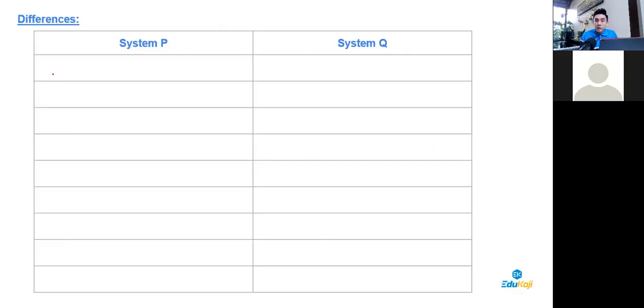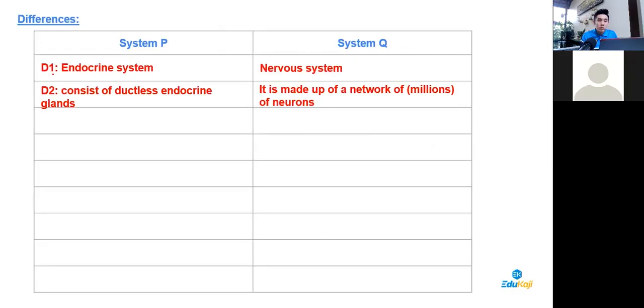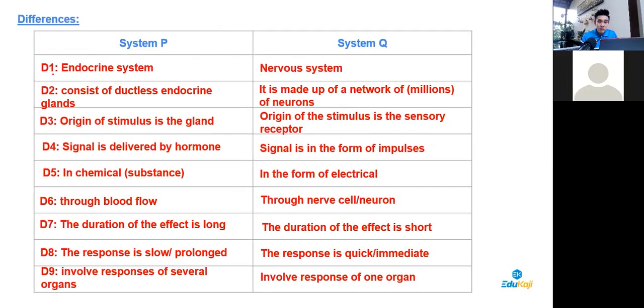Then for comparison, okay, I'll show you the whole thing first. So one is, okay, because in the question, guys, they didn't really label what is P, what is Q. You get marks by saying endocrine and nervous system. Explain what is endocrine, explain what is nervous system. Okay, so this one hormone, this one impulses.